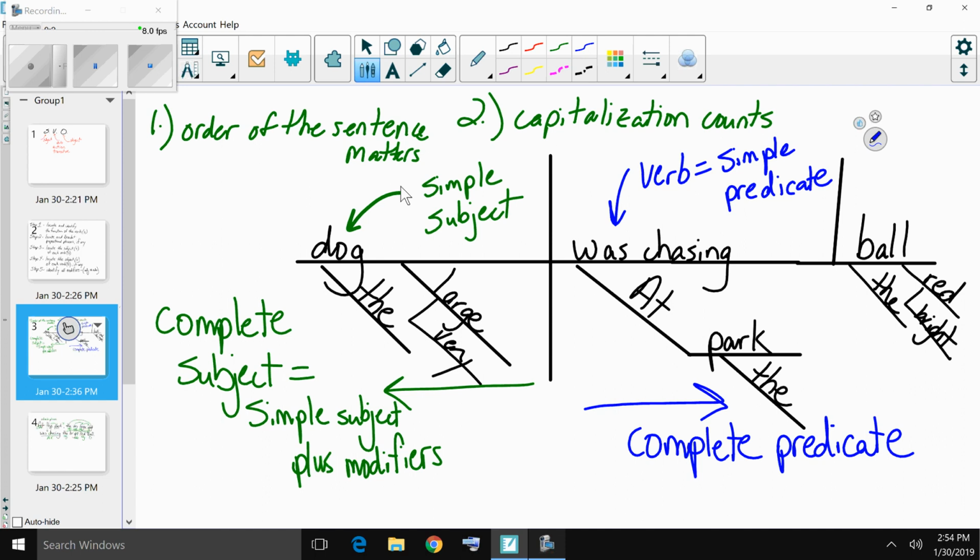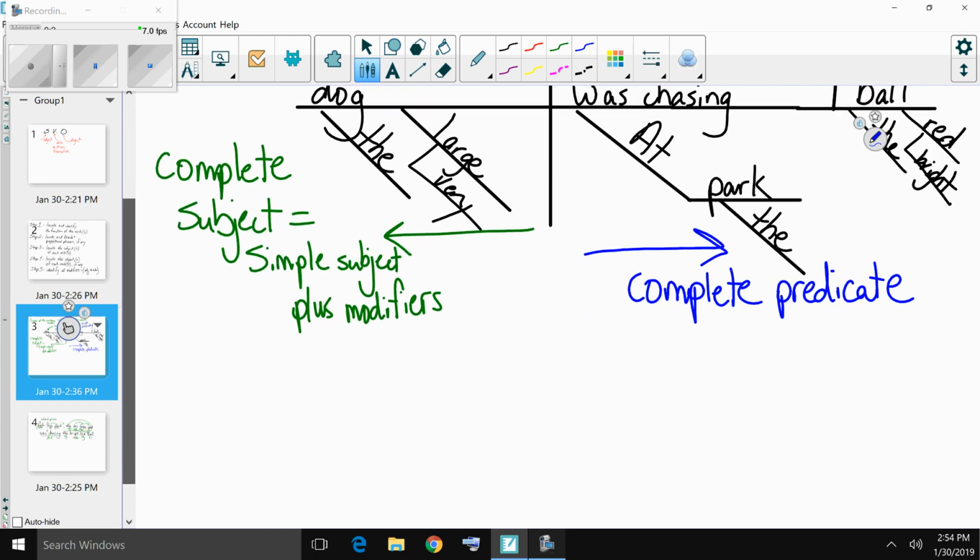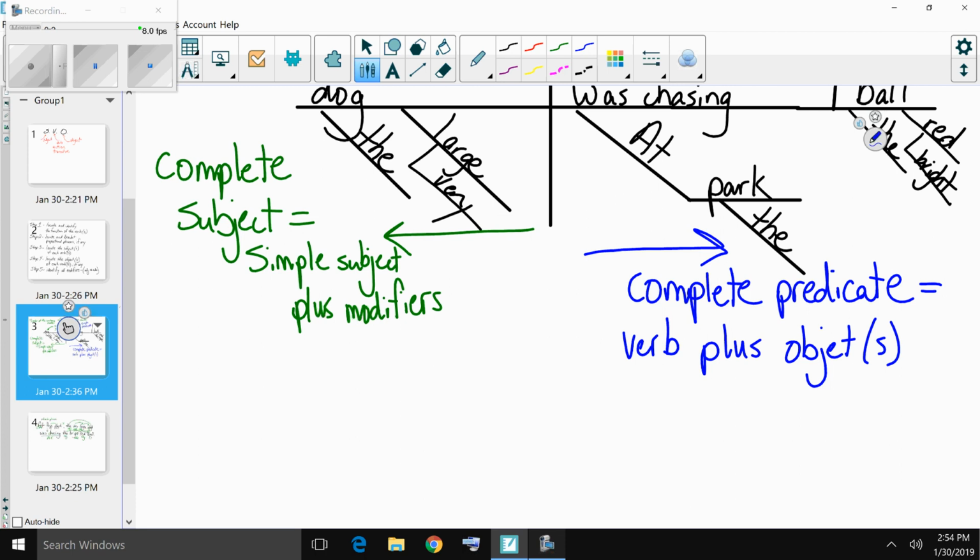Now, the complete predicate is the verb plus objects, if there are any, plus modifiers.